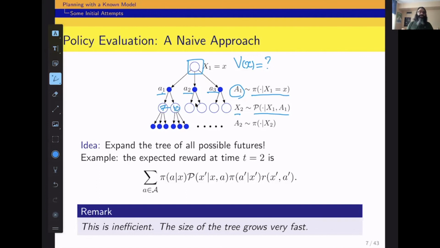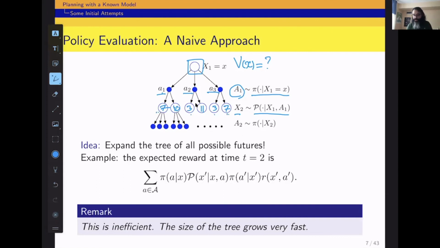From A2, I might go to different states, like state 3 and state 11. From A3, I may go again to state 3 and state 7. So you see that these states are not necessarily different. This 3 is the same as this one, and this 7 is the same as this one.